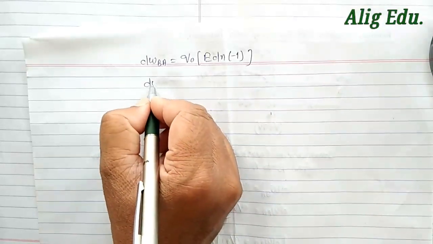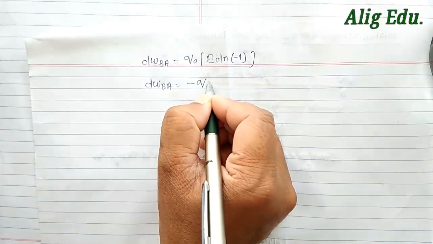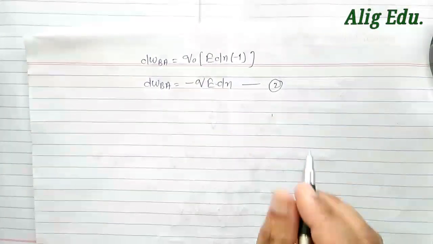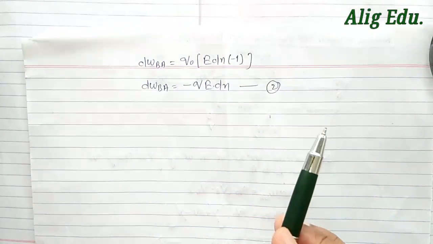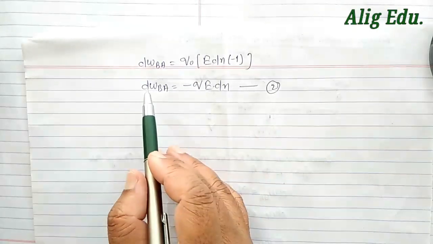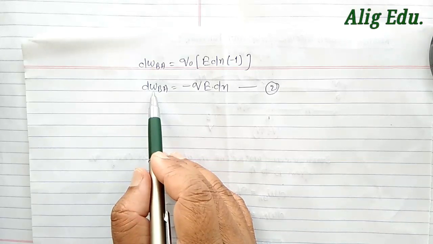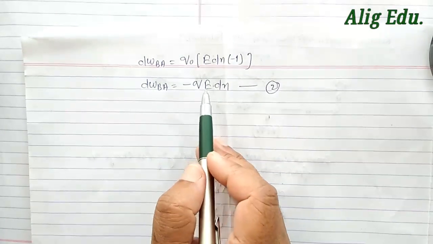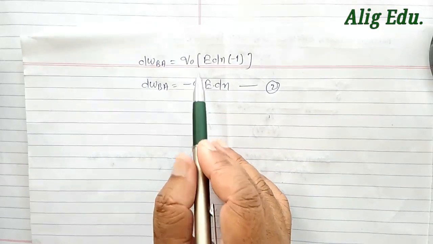So dWBA is equal to minus Q naught E dx. Equation number 2. Equation 1 also represents the work done in bringing a charge from B to A, and equation 2 represents the same work done, but in terms of electric field. So equations 1 and 2 are both the same.